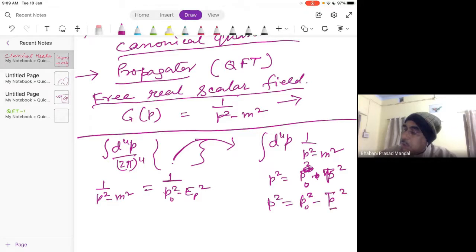Now this term and the m term, if you combine, will give you Ep, where Ep square is the 3-vector p square plus m square. Okay, so this is the quantity.